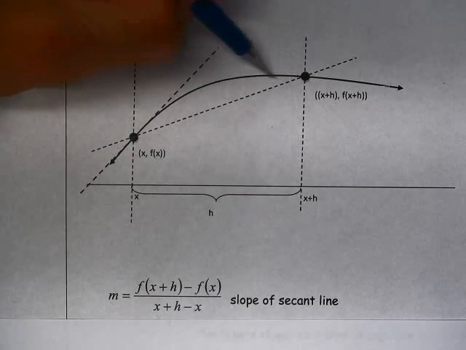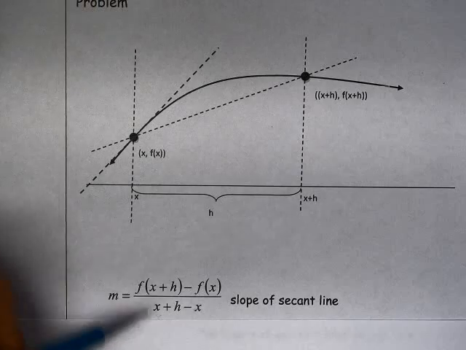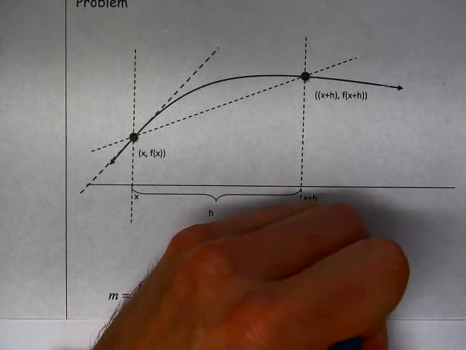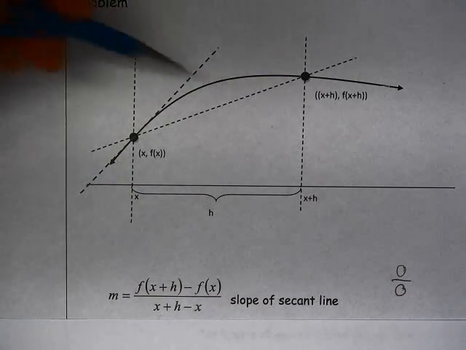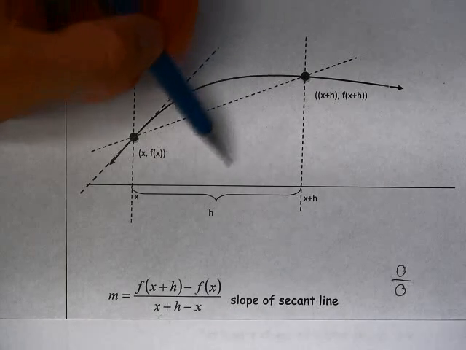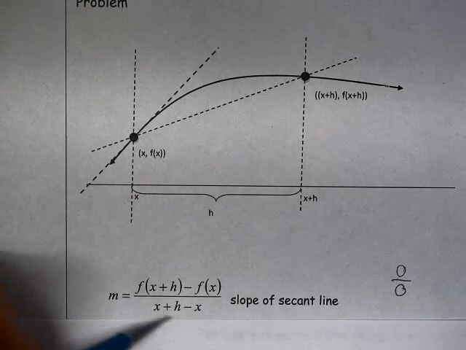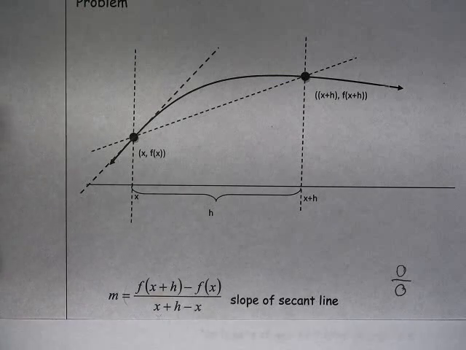Right. When the 2 points actually become 1 point, I have a problem. When I calculate the slope between 2 points that are one and the same, I'm going to get 0 over 0, which is an indeterminate form. So actually what I have to do is take that h value and shrink it down, and I'm going to take the limit of this slope as h approaches 0, rather than try to make h equal to 0.